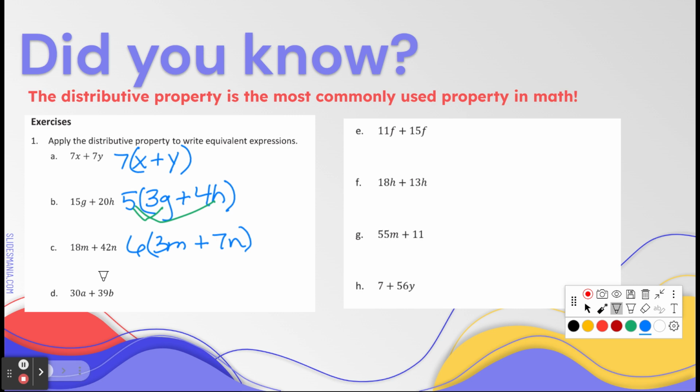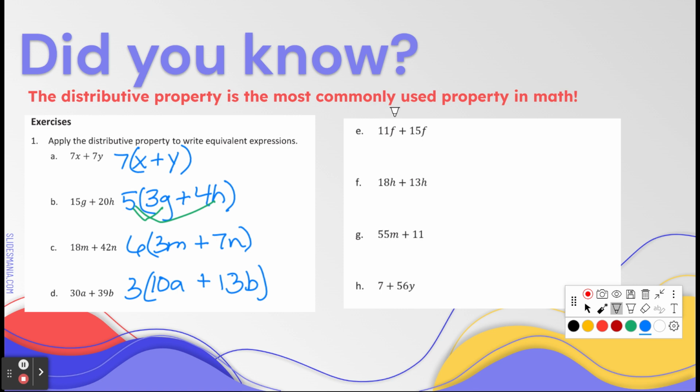So 39 is divisible by 3 because 12 is divisible by 3. So I'm going to use 3. I'm pretty confident that's their greatest common factor. 3 times 10a will give me 30a plus 3 times 13b will give me 39b.